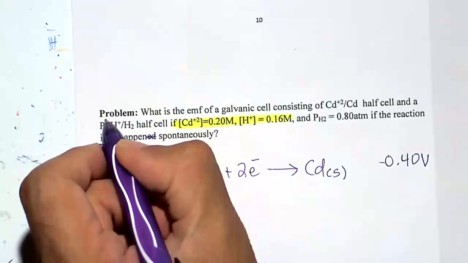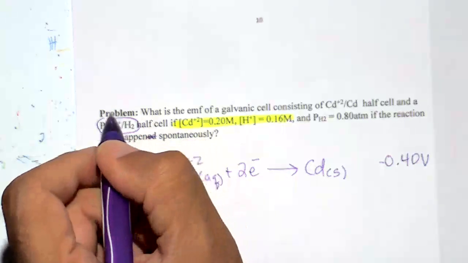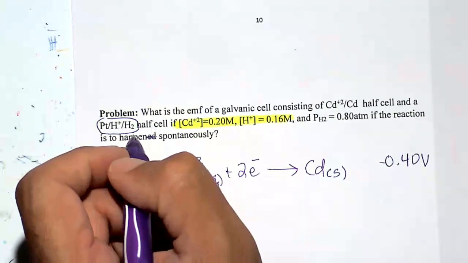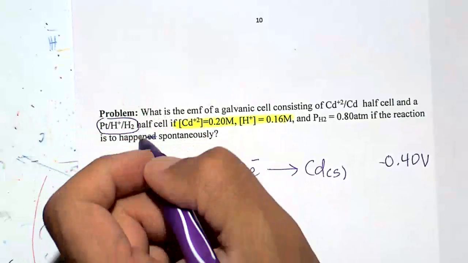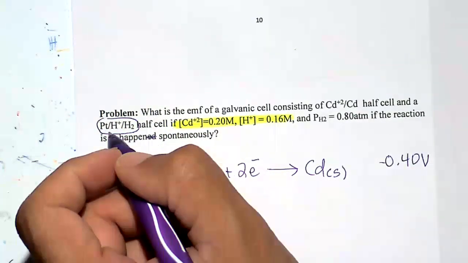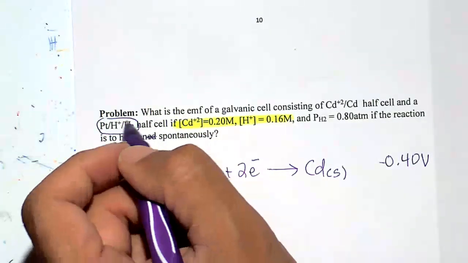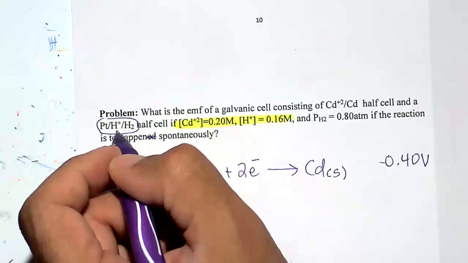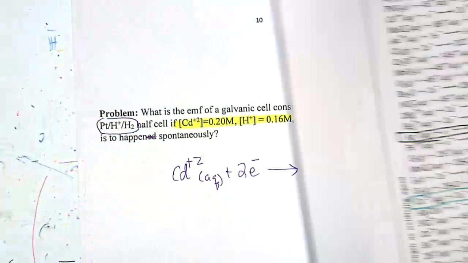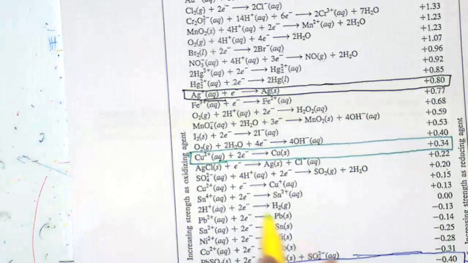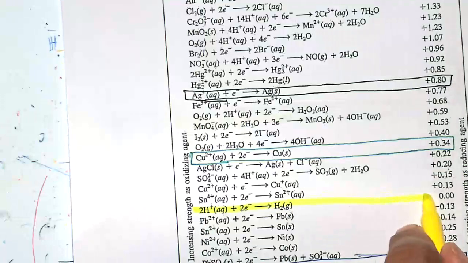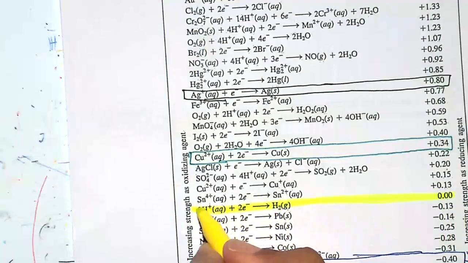The hydrogen ion, hydrogen gas. Platinum is just the electrode because hydrogen is a gas, so don't worry about the platinum. In fact, I think this is how your pH meter works. Here this half cell is H plus and H2 gas. I didn't teach you this, but this is set as baseline 0. Everything is relative to this.